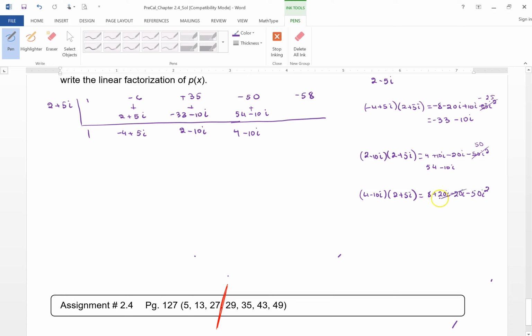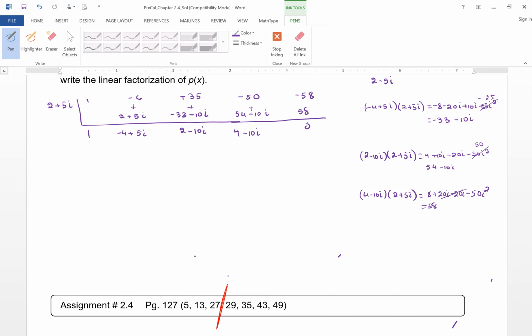So what happens to the i's? They go away, and I get 58, okay? And you know that that's supposed to happen because it was a factor. Woohoo! What does that tell you? Nothing. That they were not lying to us.